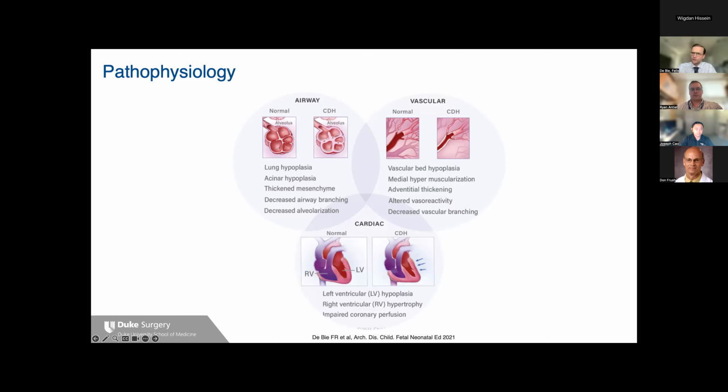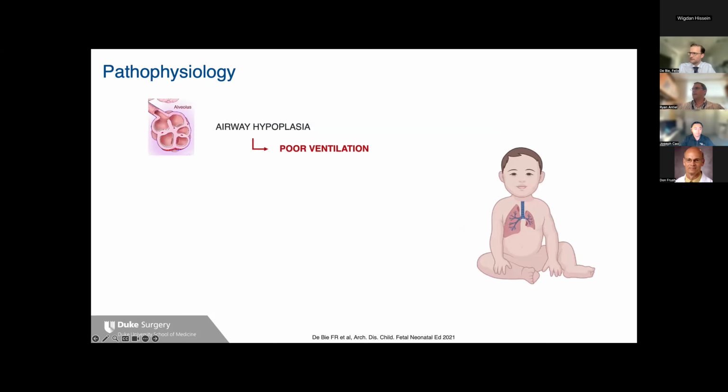As for the vascular component of the lung, think of the musculature as being stiff, rigid, and hypermuscular. So you have a vasculature that is not able to accommodate the perinatal transition, as we will see. And then from a cardiac standpoint, you have left ventricle hypoplasia as well as hypertrophy of the right ventricle due to increased afterload, and also a component of impaired coronary perfusion, which adds to the pathophysiology of CDH.